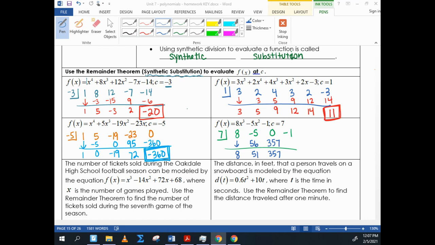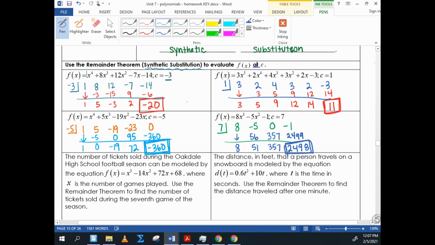Let's hurry and do this so you don't have to wait too long. 357 times 7. I just divided by 7 times 7 is 2,499. When I subtract 1, I get 2,498. And there is your nice, lovely remainder, your answer.